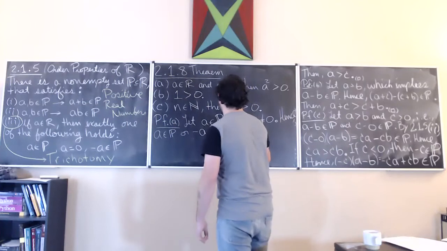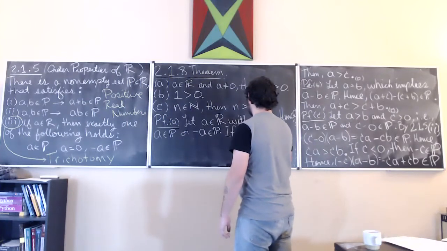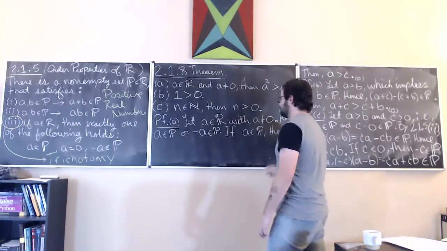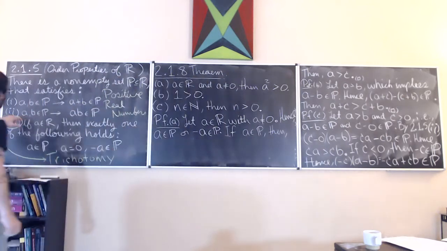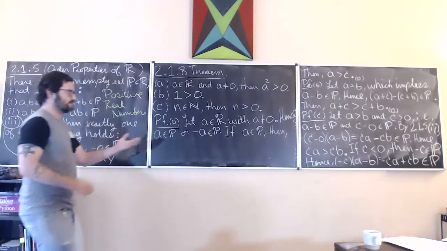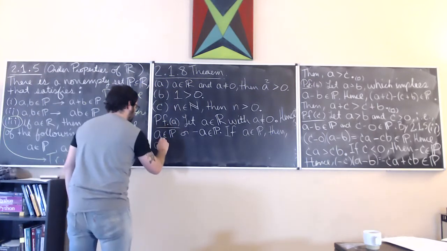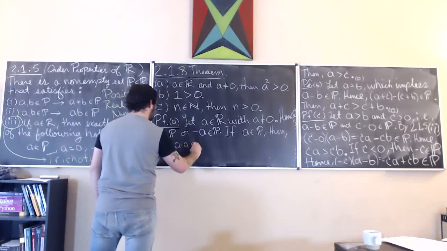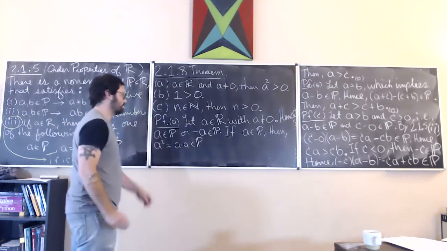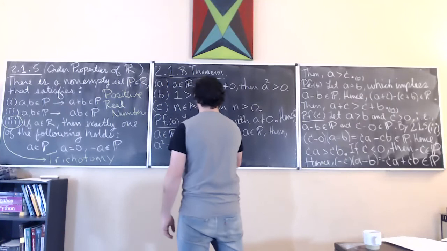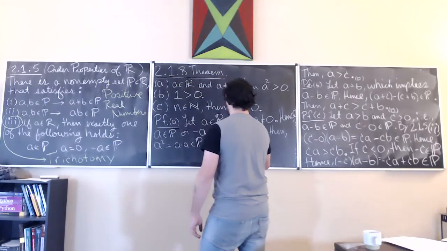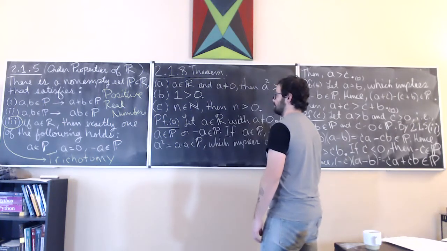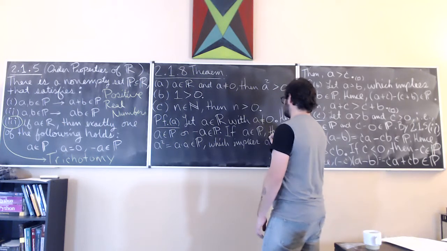If A is in P, then by 2.1.5 property 2, we can multiply A and A together, and that's in P. So A squared is in P, which implies A squared is greater than 0.